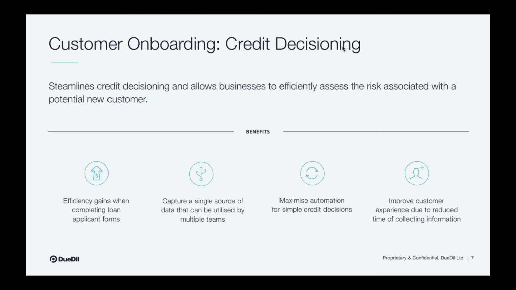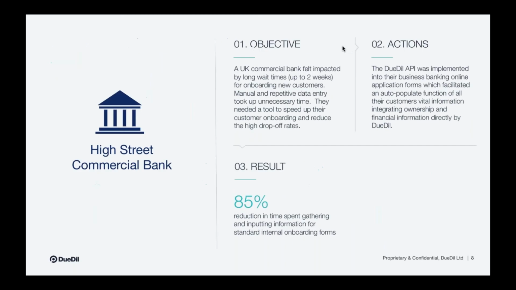Using the DueDil API for credit decisioning when onboarding new clients streamlines the process, giving businesses the ability to assess the risk of bringing on new customers. The head of change at a major high street commercial bank was looking to automate the onboarding and credit decisioning process for small business loans. The bank was taking up to 2 weeks to onboard new customers, causing a high drop-off rate. The bank's relationship managers were spending almost half the time doing manual onboarding, paper-based tasks, taking them away from their core jobs.